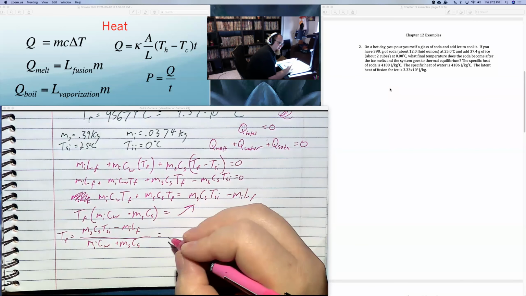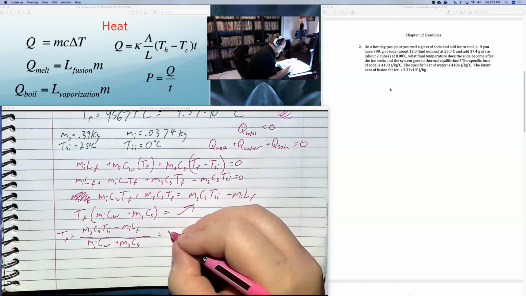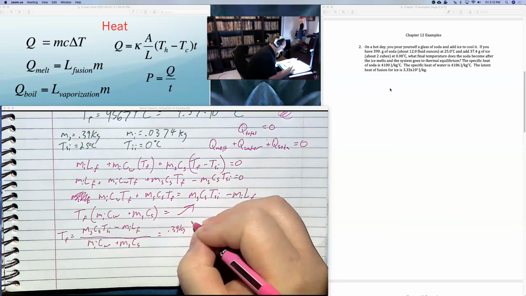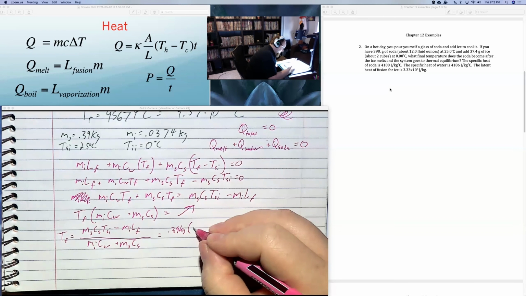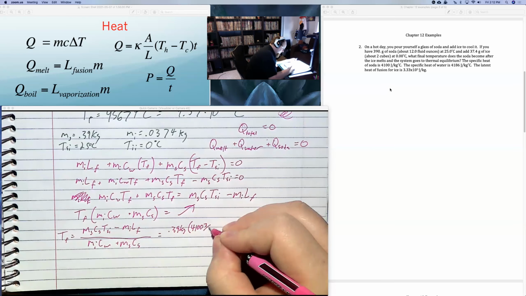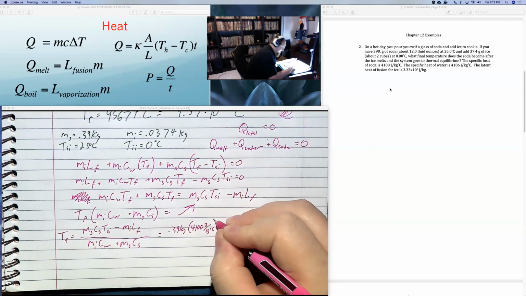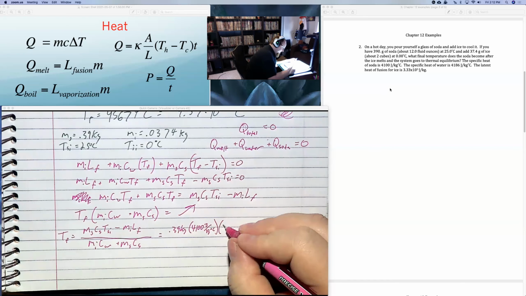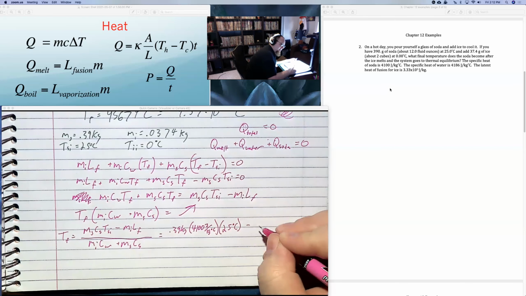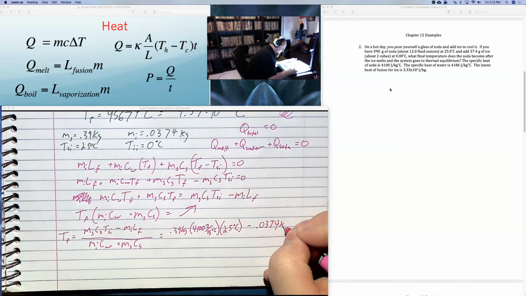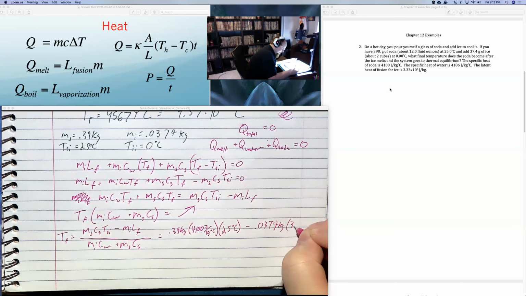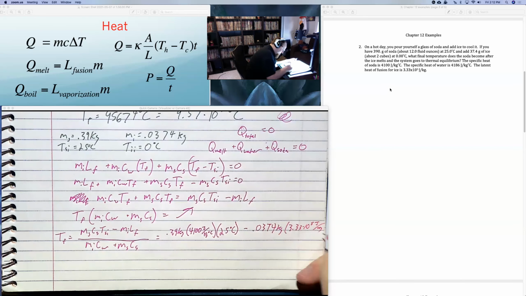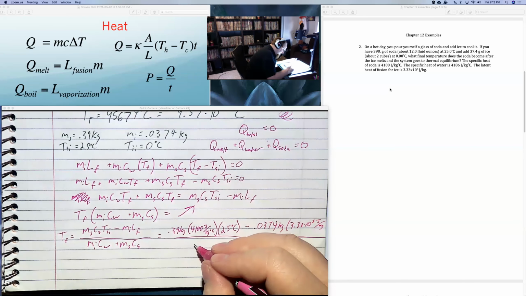To which I'll plug in my numbers. 0.39 kilograms times 4100 joules per kilogram degree Celsius times 25 degrees Celsius minus 0.0374 kilograms times 3.33 times 10 to the 5th joules per kilogram over.